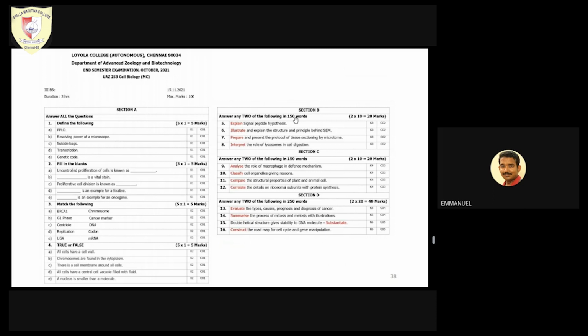Then comes section B. Out of 4 questions, any 2 questions should be answered. Marks and all are not a big issue. Then the way the question is to be framed is slightly different, because as faculty of mathematics, we won't have much scope to ask questions related to mathematics with different sorts of words.